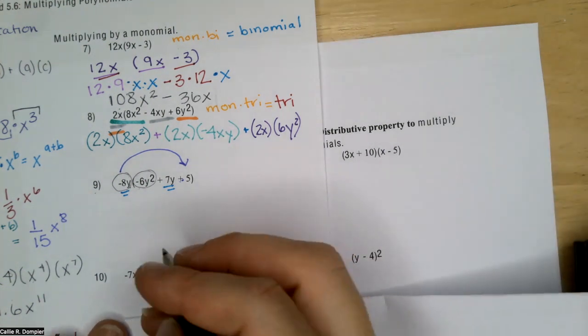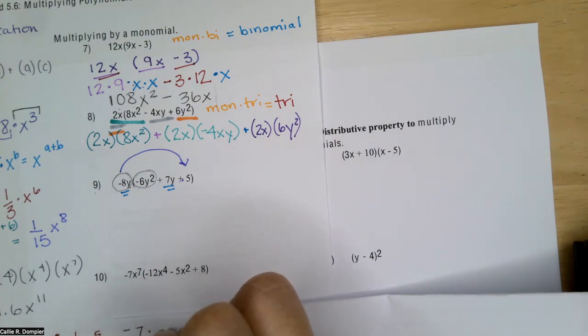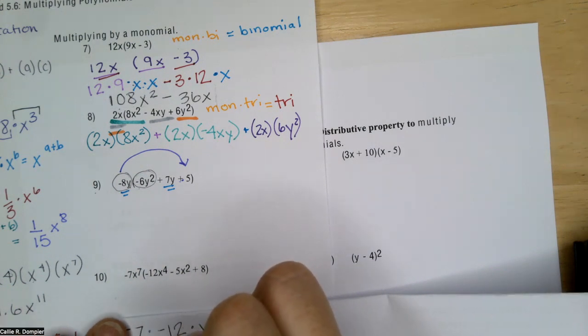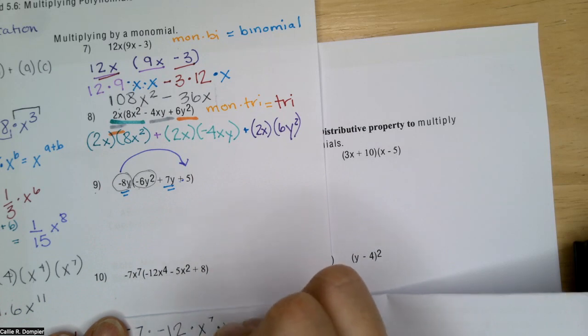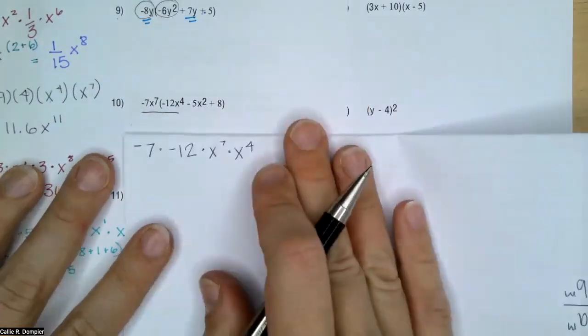Number 10 asks for negative 7 times negative 12 times x to the 7th times x to the 4th as our first one, right? Oh, sorry.